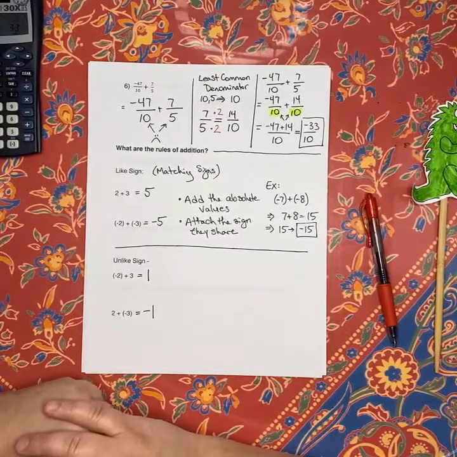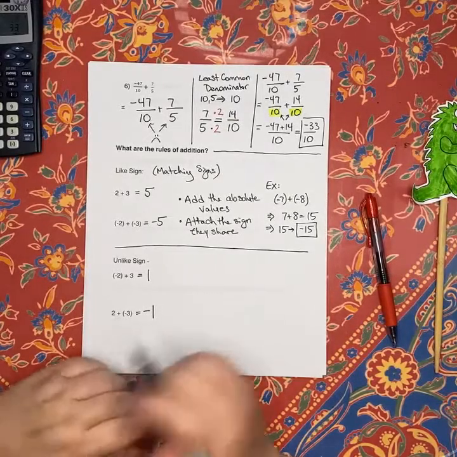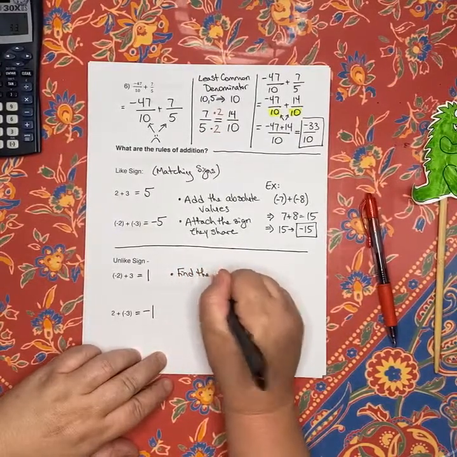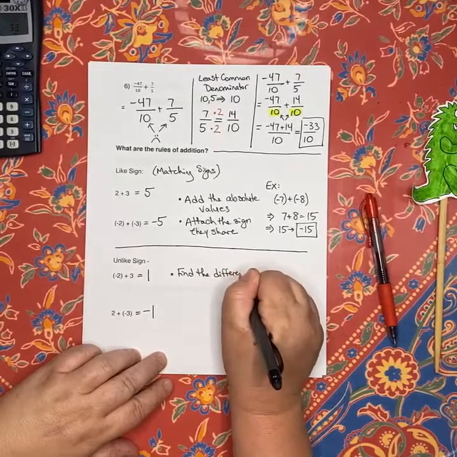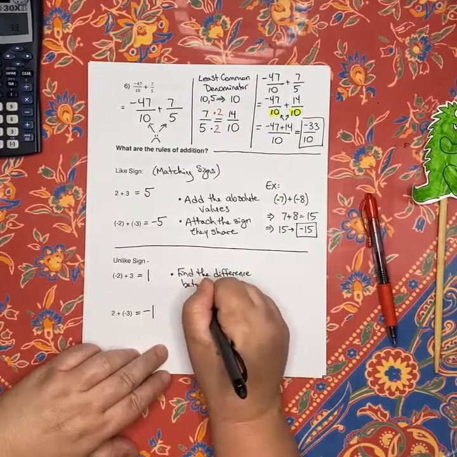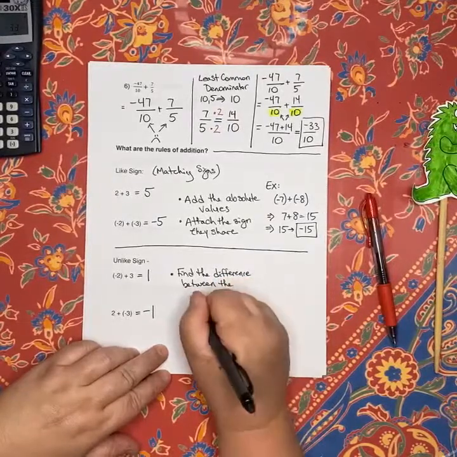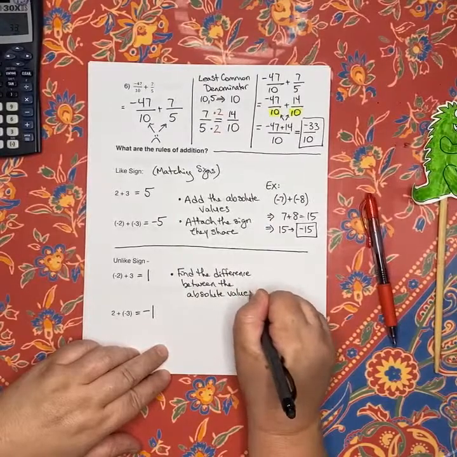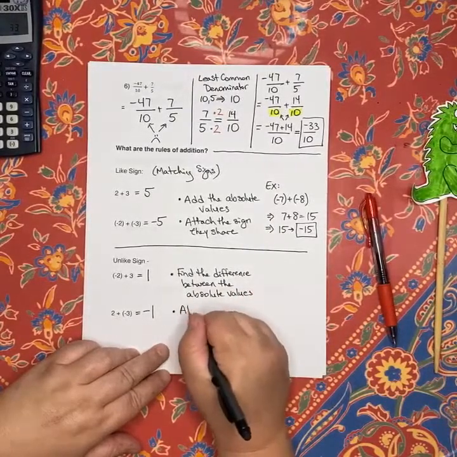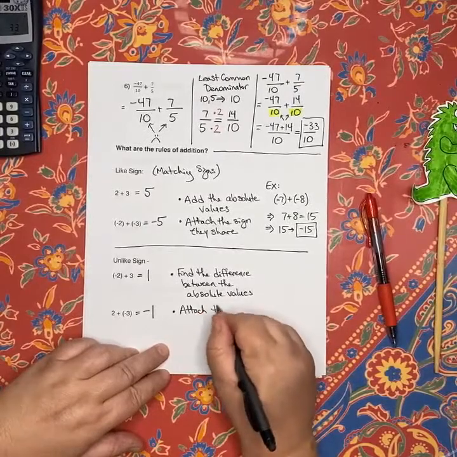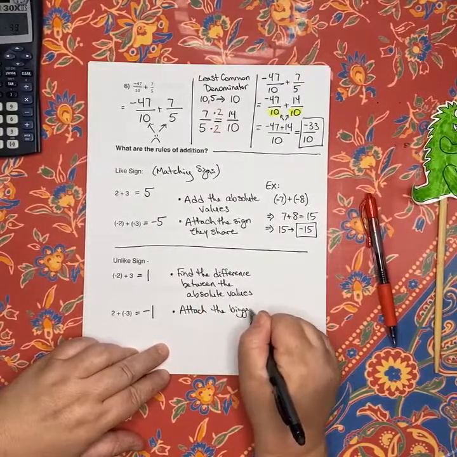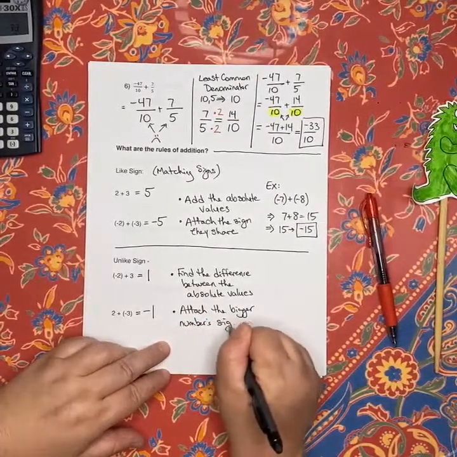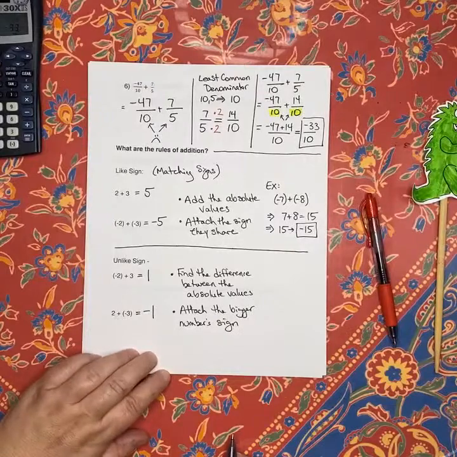So the rule for these is: find the difference between the absolute values, and then attach the bigger number's sign. Does that make sense?